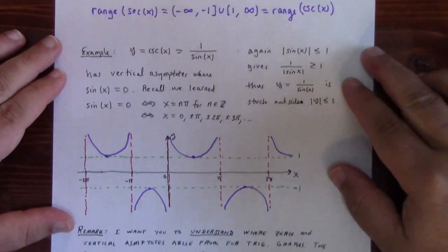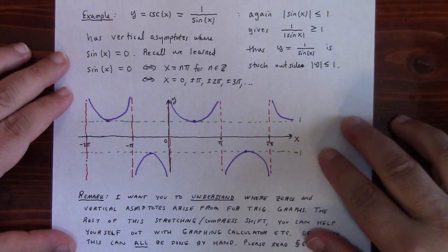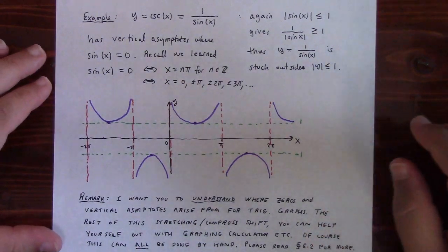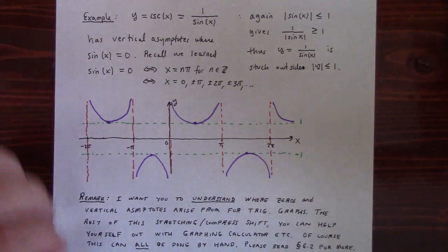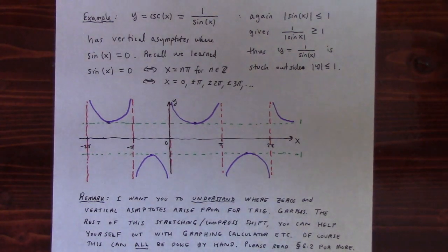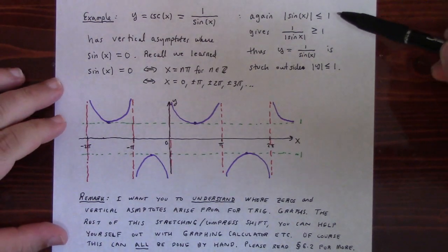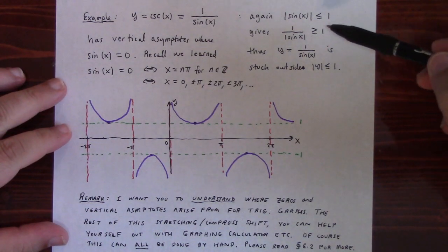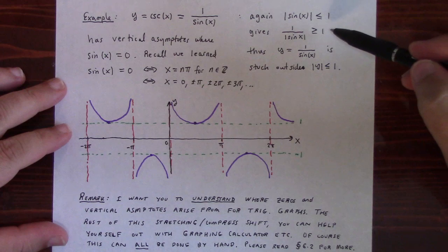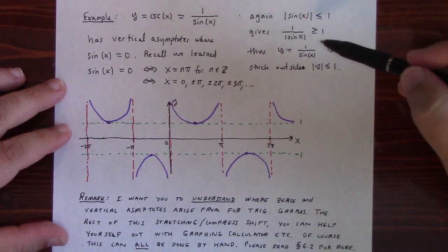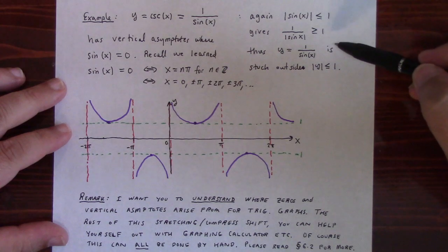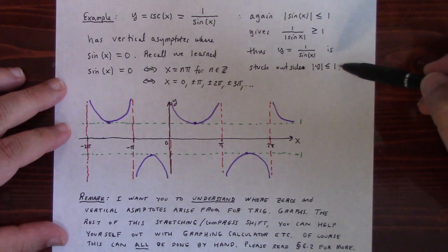So, cosecant x is 1 over sine. Excuse me, still recovering. So, since sine is bounded by 1, 1 over sine can't be smaller than 1 in absolute value, which means that y equals cosecant is stuck outside of the band where the absolute value of y is less than 1.